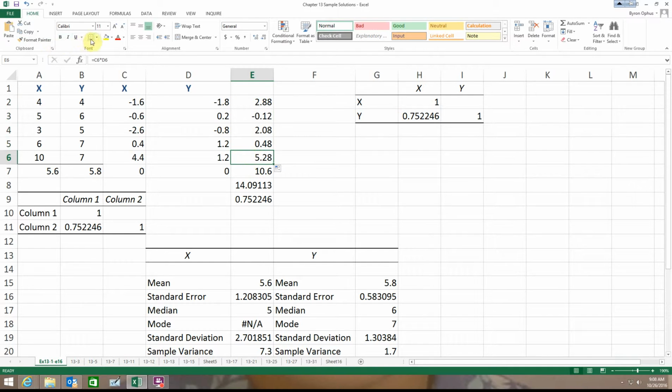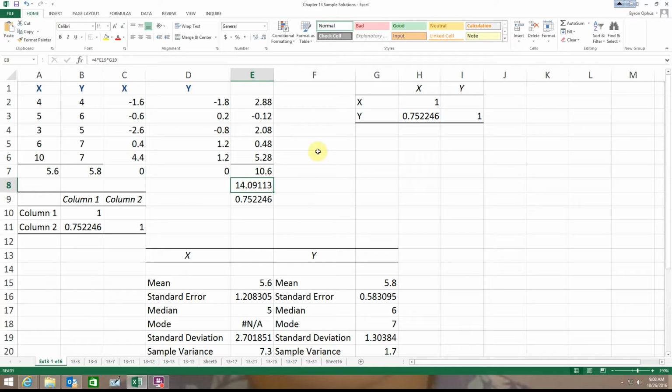Okay, and so we've done that, and then we just need to add those. Take the sum of those. So the sum of that, okay, we get 10.6.